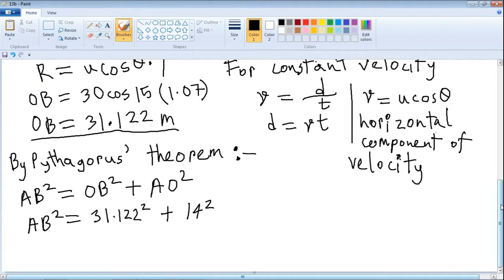If you have calculated, AB square comes as something like, let me calculate, 31.122 whole square plus 14 square, which gives us 1164.579.